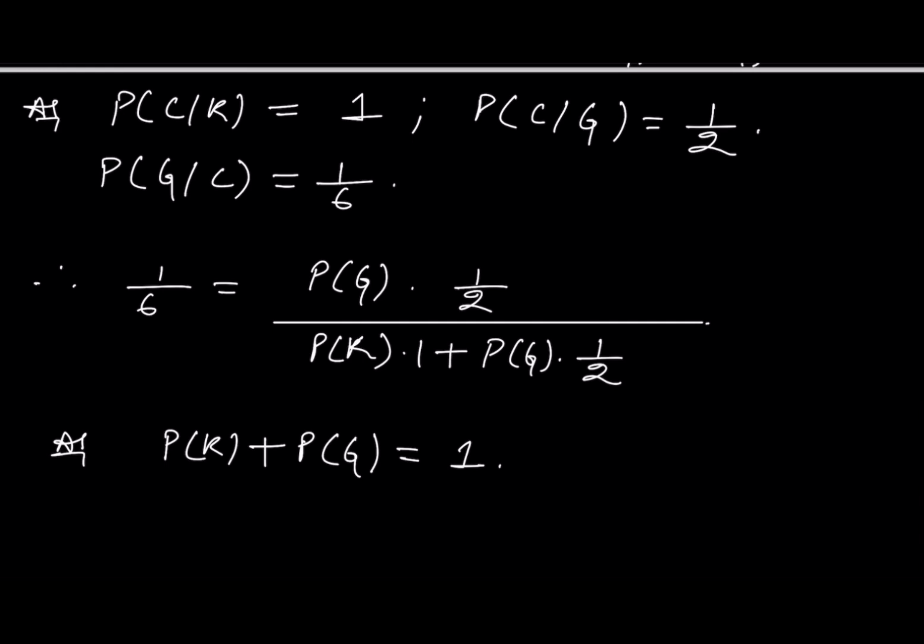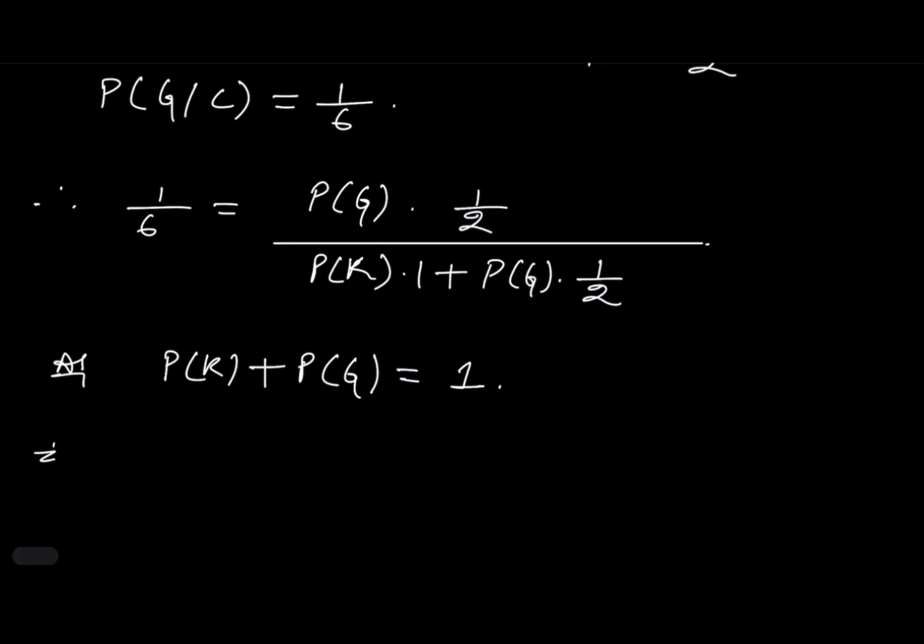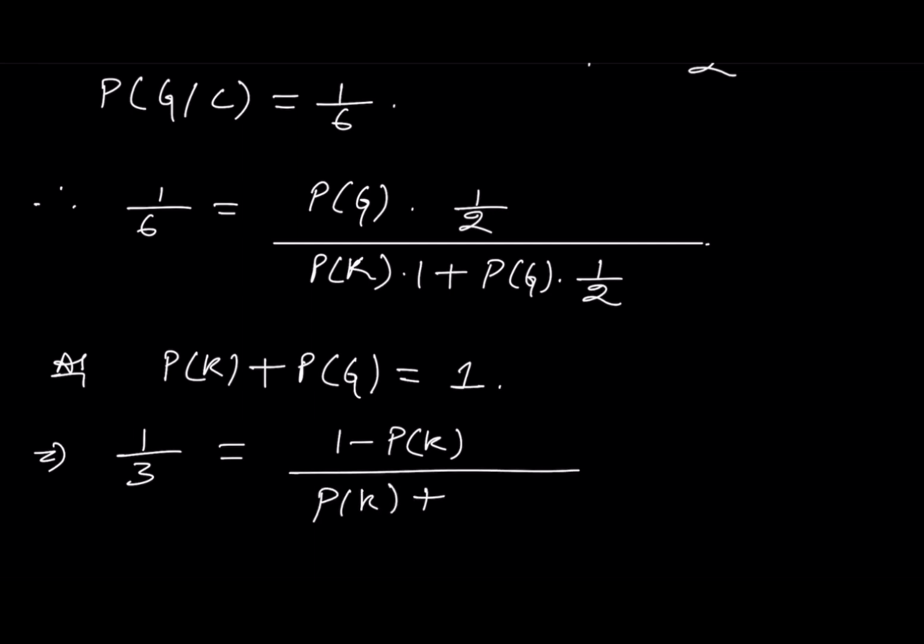So P of K plus P of G is equal to 1. So if I write in place of P of G as 1 minus P of K, it will be 1 by 3 is equal to 1 minus P of K upon P of K plus 1 by 2 into 1 minus P of K.